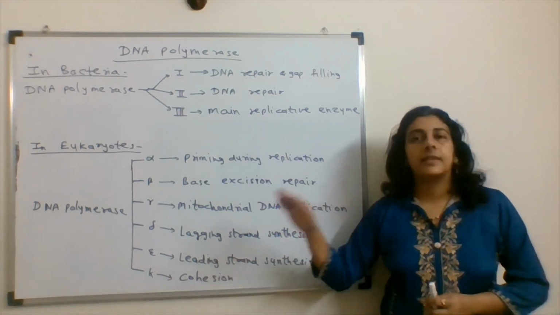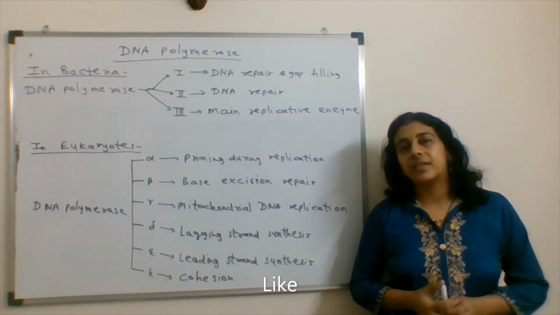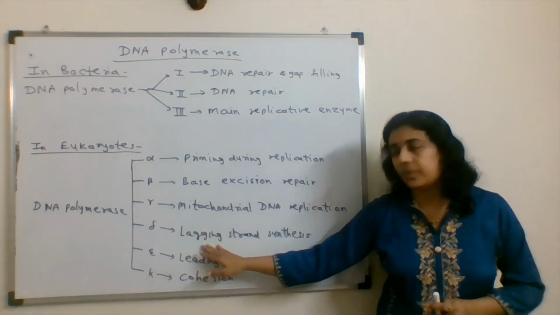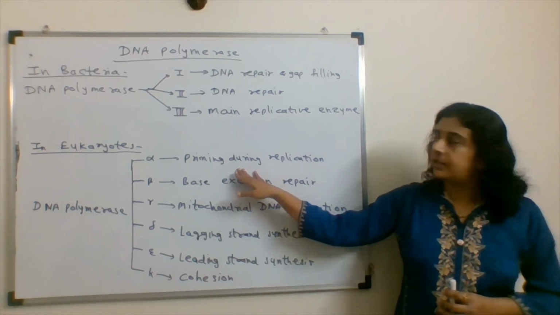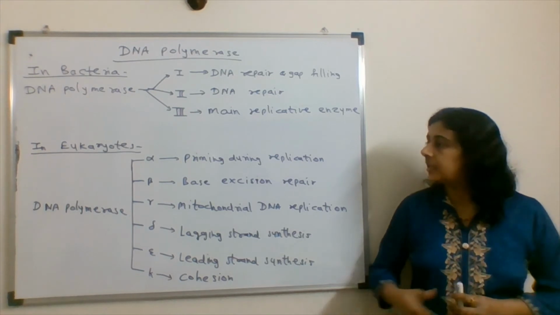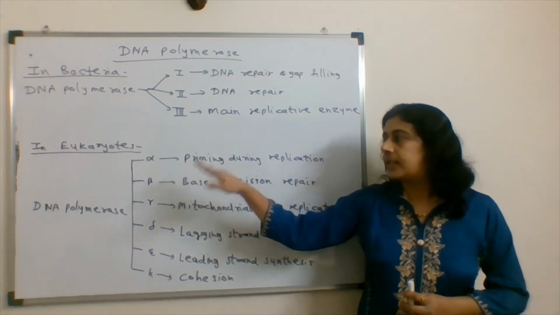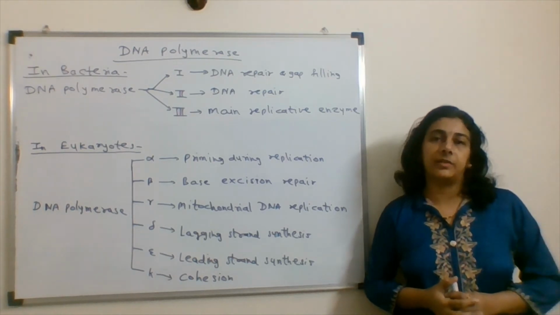Leading strand synthesis is done by DNA polymerase epsilon, whereas lagging strand synthesis is done by DNA polymerase delta. DNA polymerase alpha is required for priming during replication. DNA polymerase beta is involved in the base excision repair system.